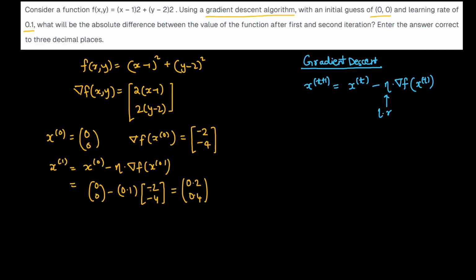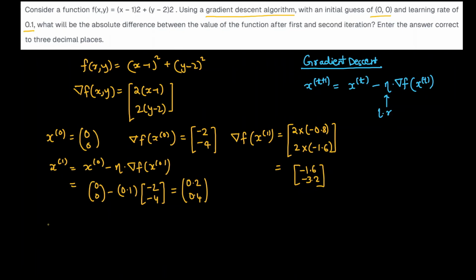Now let us perform the second iteration. But before that, we need to compute the gradient at the point x1, which is given by 2 times negative 0.8 and 2 times negative 1.6. This evaluates to minus 1.6 and minus 3.2.